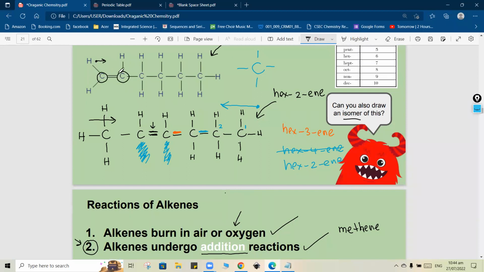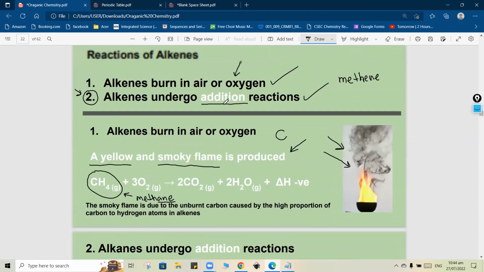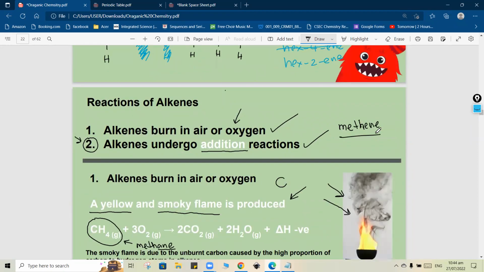In between these 2 C's, it has a double bond. You are going to realize this is impossible to draw, because for it to be methane means that it only has 1 carbon. Is there another carbon for there to be a double bond in between? The answer is simply no, which means methane is a made-up substance that doesn't exist in real life.